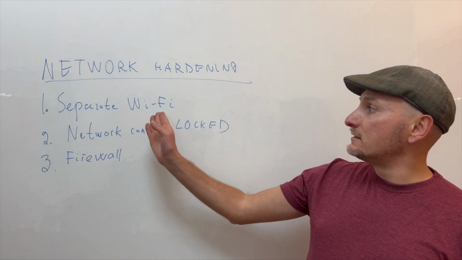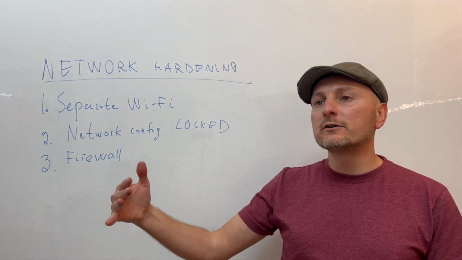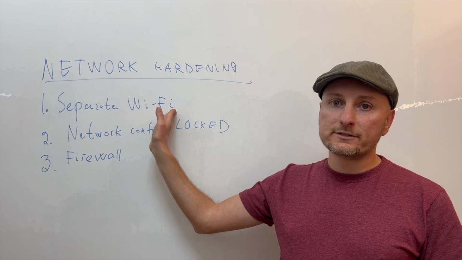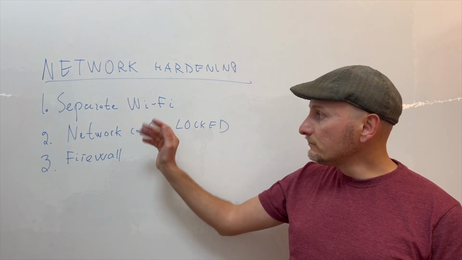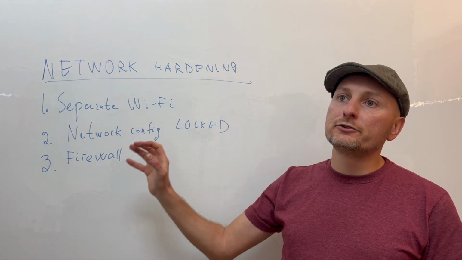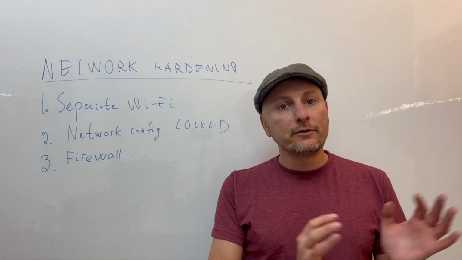So in this case it's important to have a separate Wi-Fi configured, actually a separate network, but Wi-Fi is an easier option. Many routers support guest networks, so you can have it very easily configured, but it's important also to verify that when you configure a guest network, it is really separated.